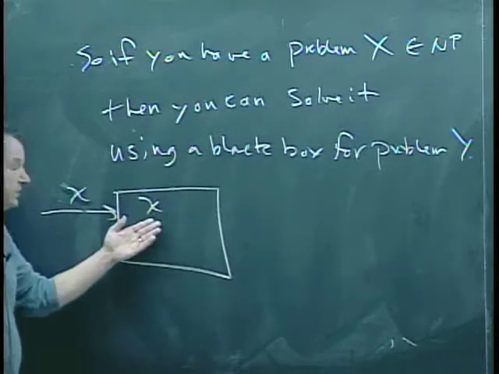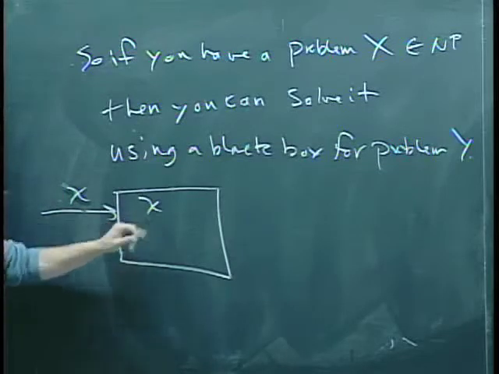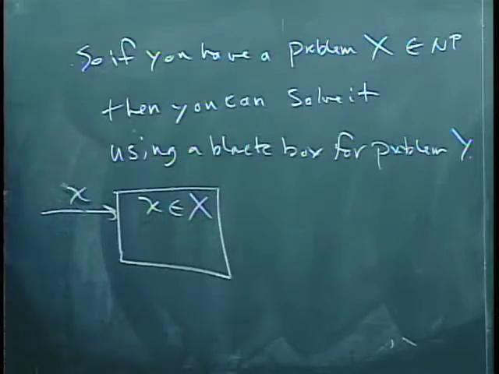So in comes an instance of problem X, and you're interested in solving that instance of problem X. So you want to know, is little x contained in capital X?